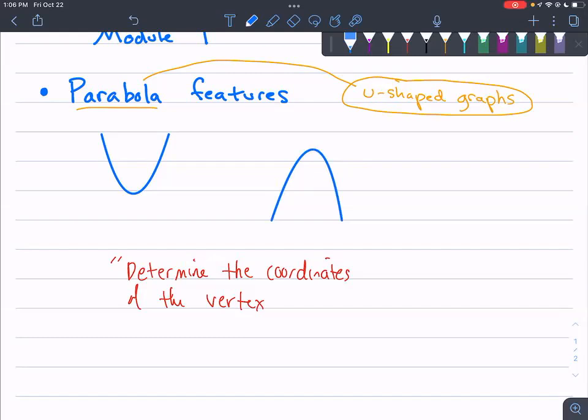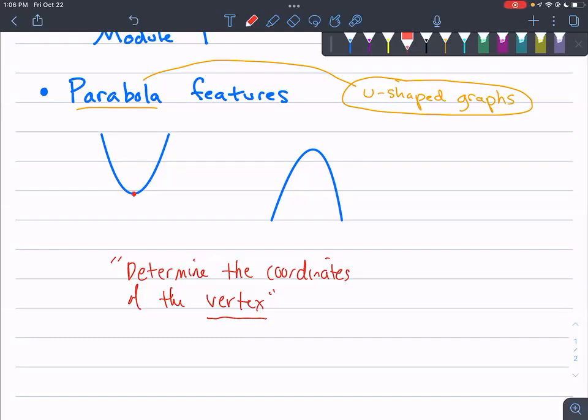The second one you might flip upside down. Some of them open up, some of them open down. So the vertex, that's just either the lowest point if it's opening up, or the highest point if it's opening down.